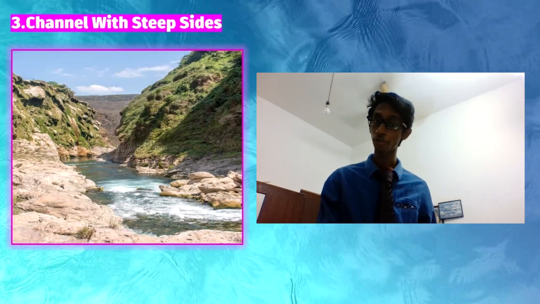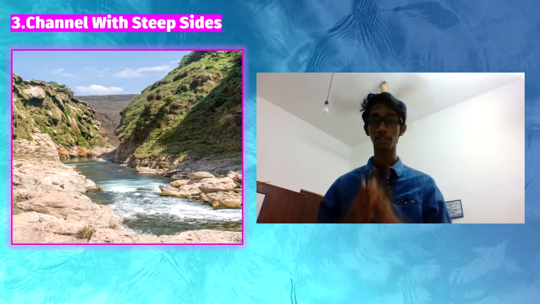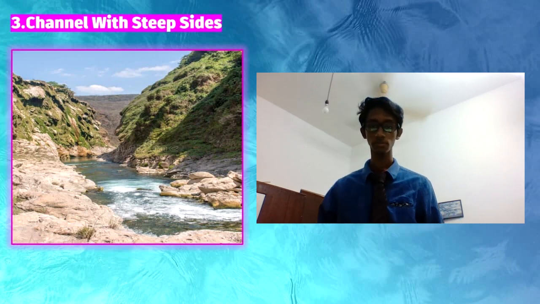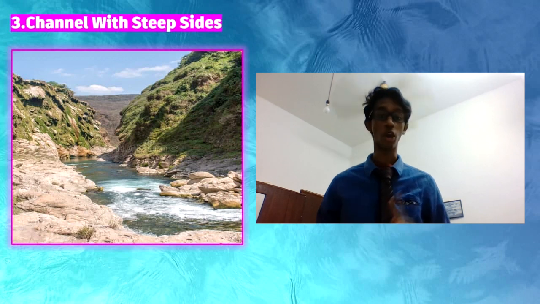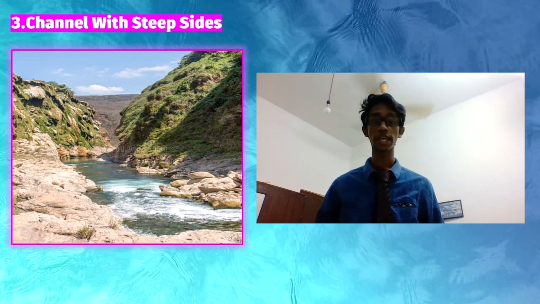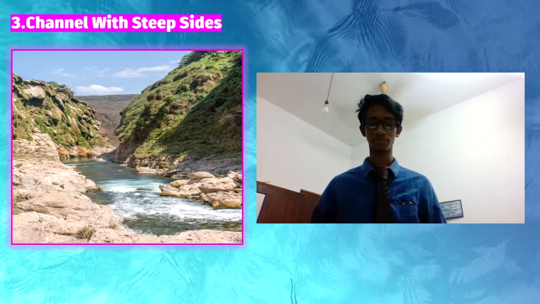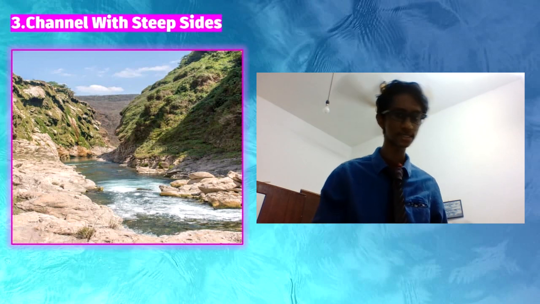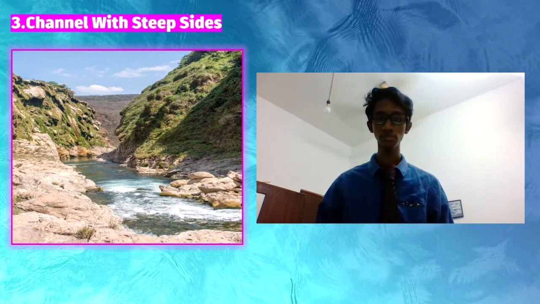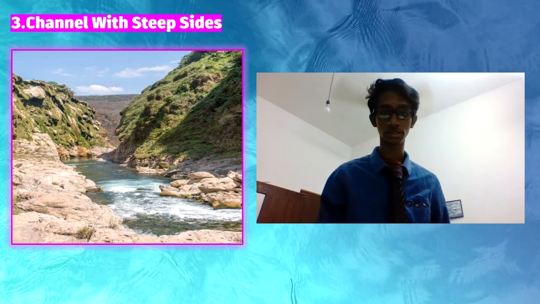Now, my fellow friends, we shall move on to my third and prime point. That is, flood may occur if there are channels with steep sides. Flooding often occurs when there are fast runoffs into lakes, rivers, or other reservoirs.